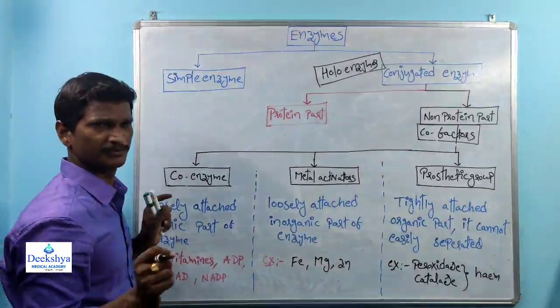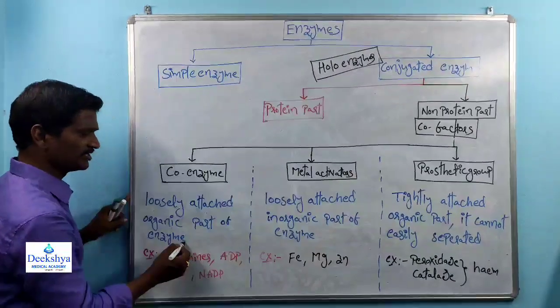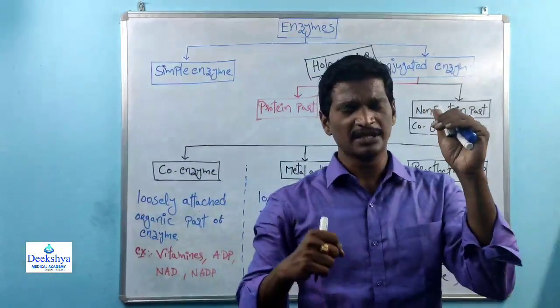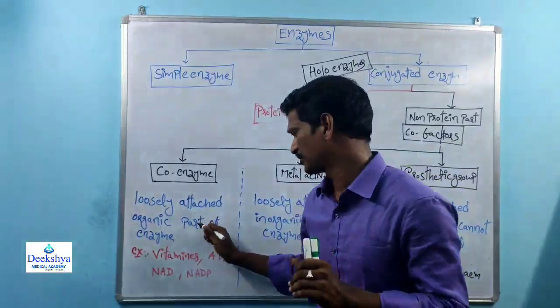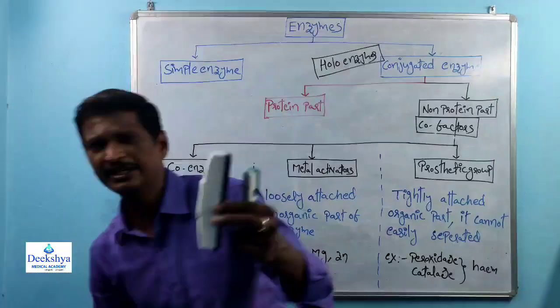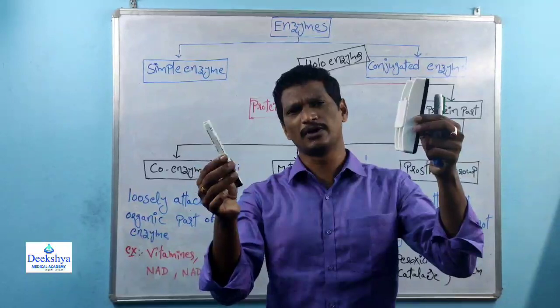What is a coenzyme? Coenzymes are loosely attached organic parts of an enzyme. Suppose this is the enzyme and this is the organic molecule.